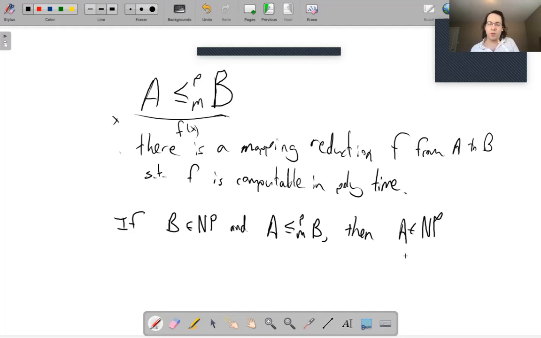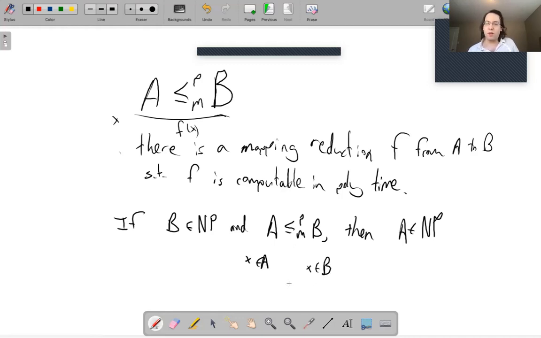This is not too hard to show. It's the same idea that you can convert the problem of whether x is in A into the problem of whether x is in B.